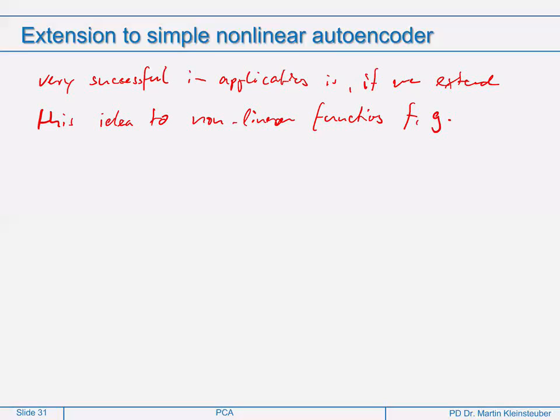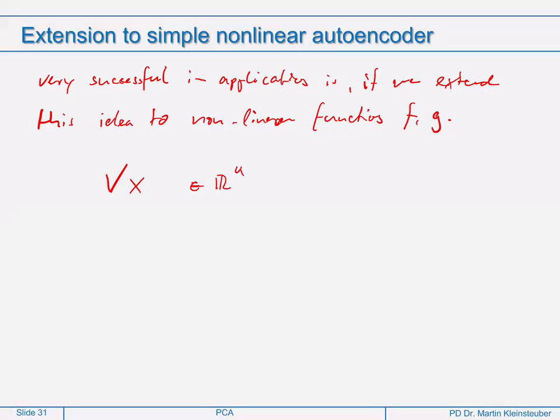And an easy way of extending linear functions to nonlinear functions is that we just apply something right after. So we have our x as an input vector, and we have the V of x here, and this is a vector in RK.